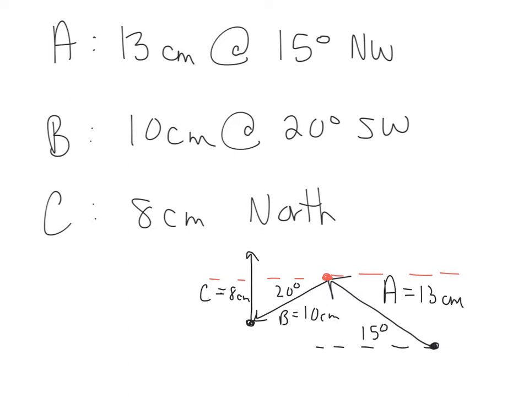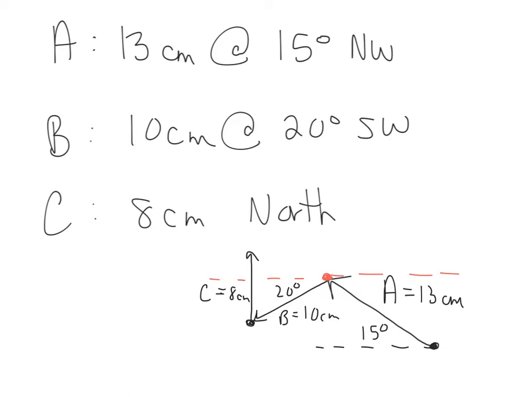So here, for this first one, we're going to find its horizontal component, which is like the base of the triangle, and the vertical component. Then we're going to go to the next one. Find the horizontal component, the vertical component. And then the last one is only vertical component. You're going to add together all your horizontals, add together all your verticals separately, and that will give us the overall horizontal and the overall vertical, enabling us to find the overall result.